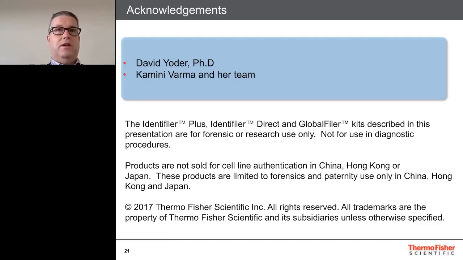Fortunately, the Identifiler kits and the GlobalFiler kits were designed to work with forensic samples, which are often highly degraded DNA, and so the amplicons and the loci that have been chosen are specifically used for looking at degraded DNA in forensic samples, and therefore quite applicable to FFPE samples and other examples where the DNA from your cell lines has been degraded or is less than perfect quality. So yes, the GlobalFiler Identifiler kits and the workflows presented here will work with FFPE samples.